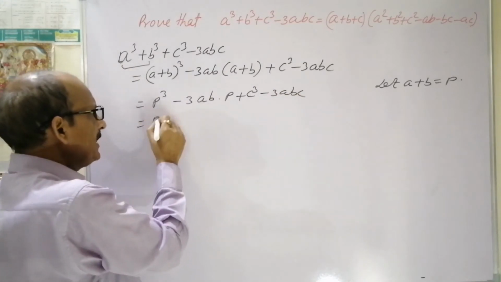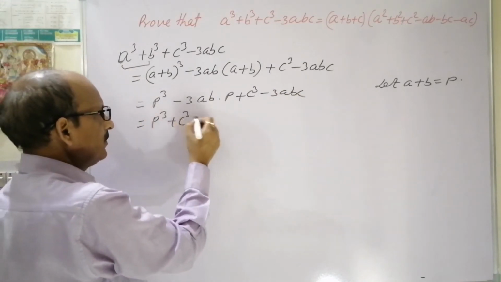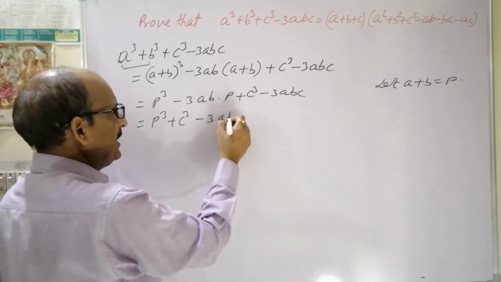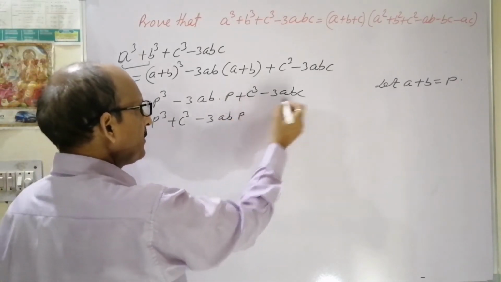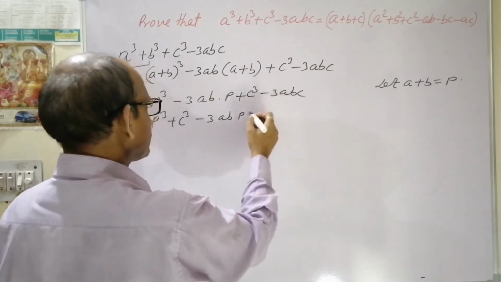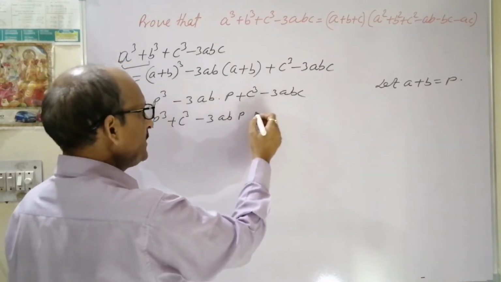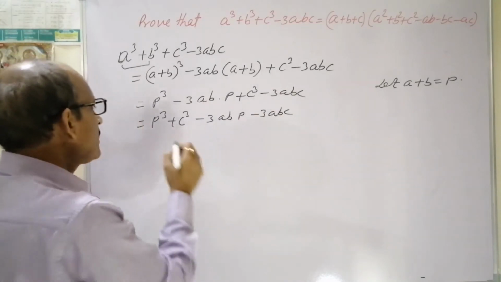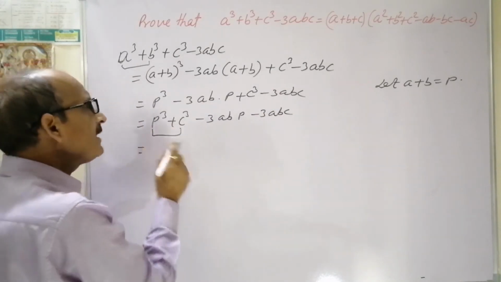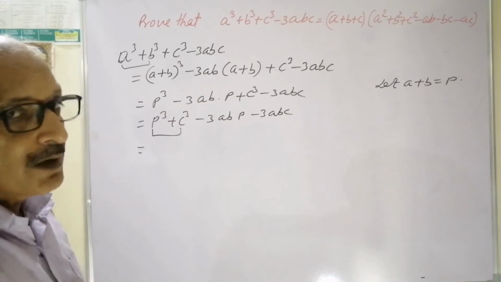So we'll get now p cube plus c cube minus 3ab in bracket p, and hereby it is minus 3abc.